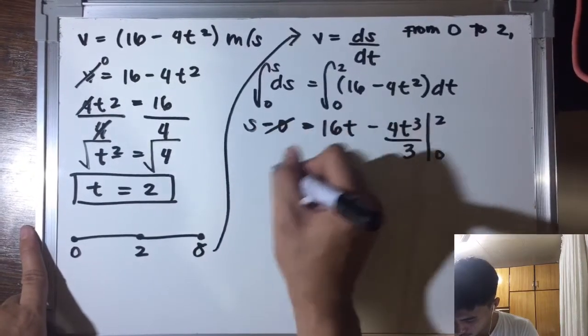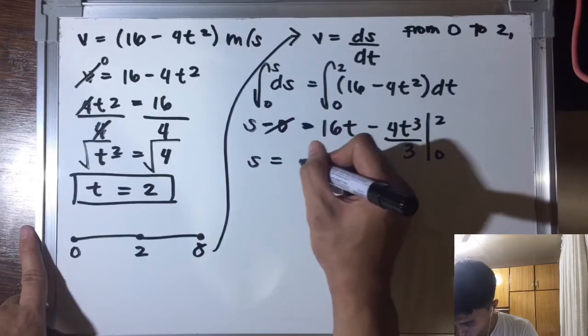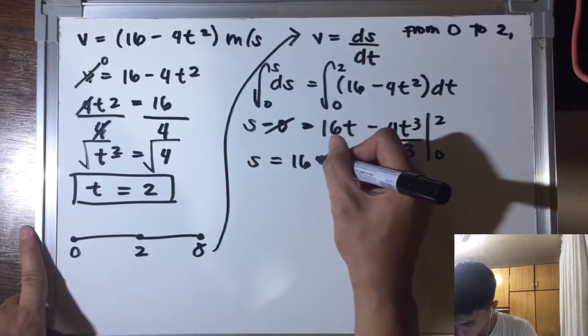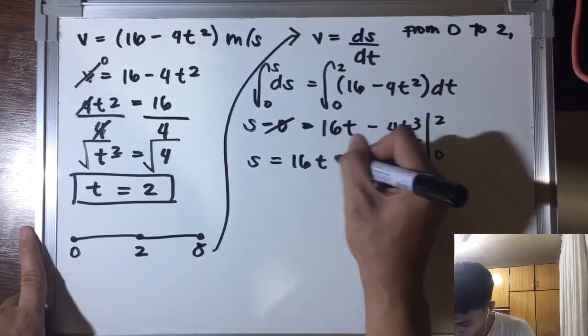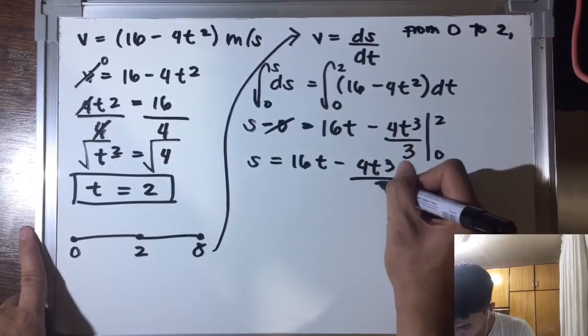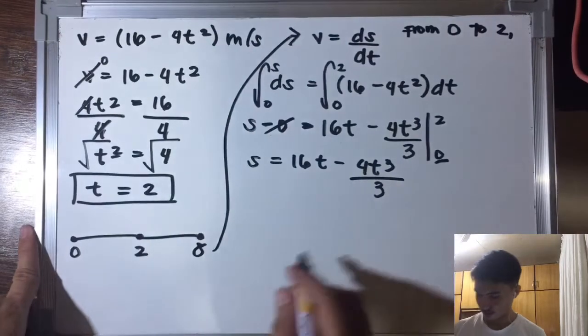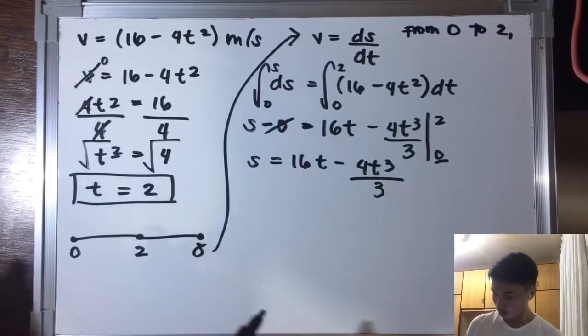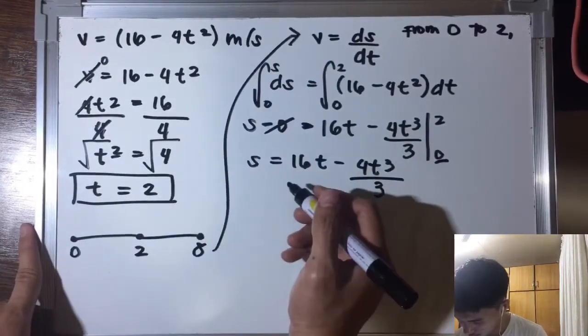So tanggalin na natin to. So s is equal to 16t minus 4t cubed over 3. Again, this is 0, so we are not going to solve for that na because it's 0.